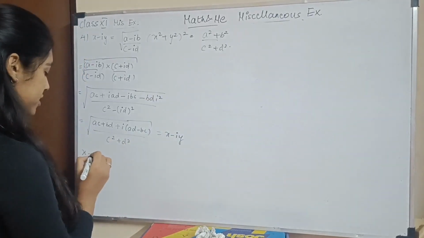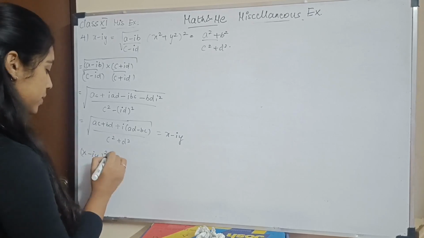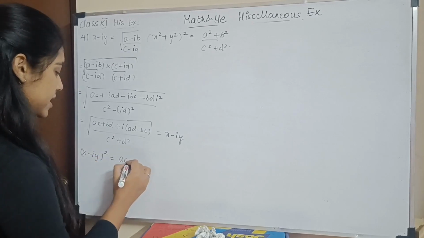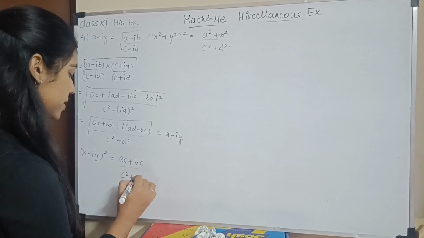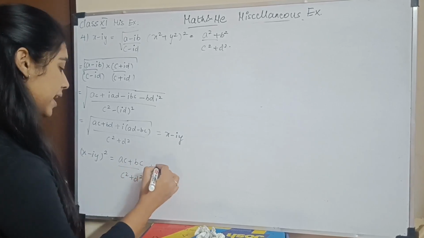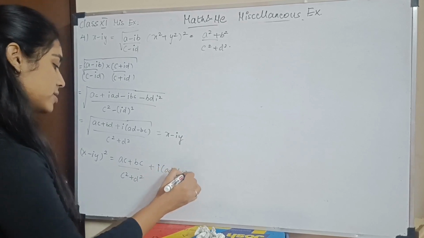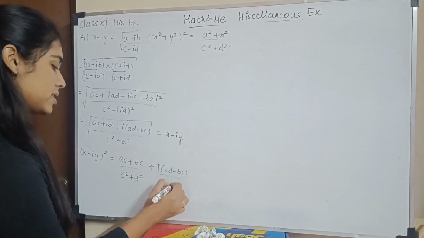So I have (x minus iy) the whole square equals (ac plus bd) by (c square plus d square) plus i times (ad minus bc) divided by (c square plus d square).